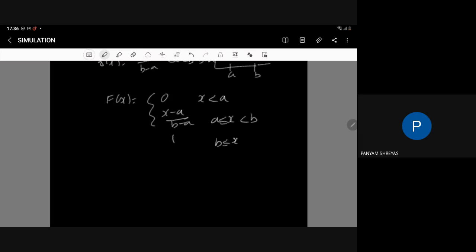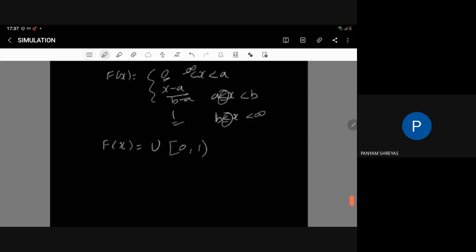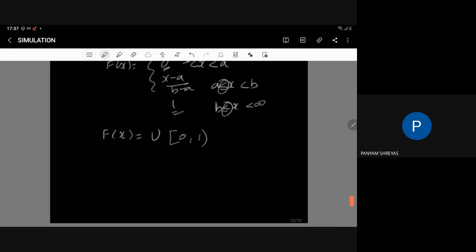So here also F(x) ranges from 0 to 1, for x from minus infinity to infinity, with equality on the left side. What is the scheme? F(x) is equal to u, where u is between 0 and 1.